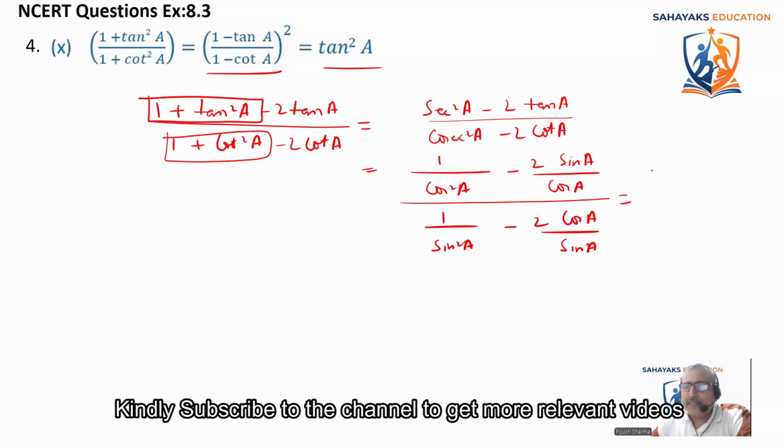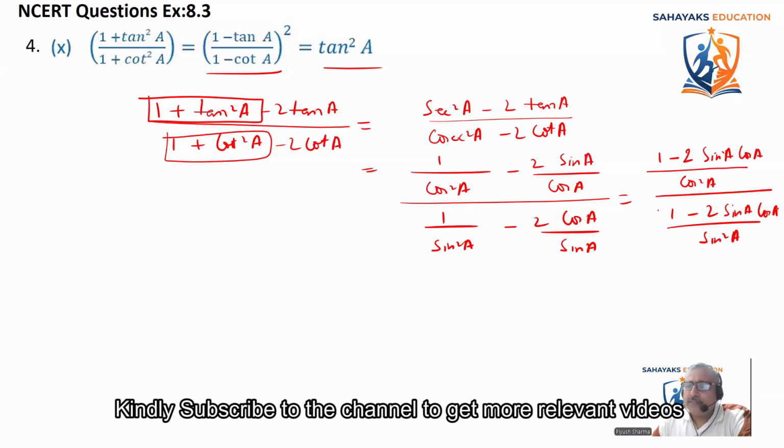From here, we can take the LCM. So it becomes cos square A as LCM, and it becomes 1 minus 2 sine A into cos A, divided by, the LCM here is sine square A, and here also it comes as 1 minus 2 sine A cos A. Okay.